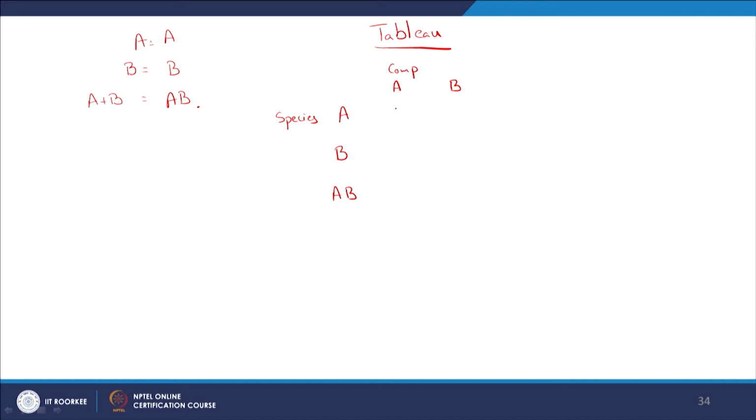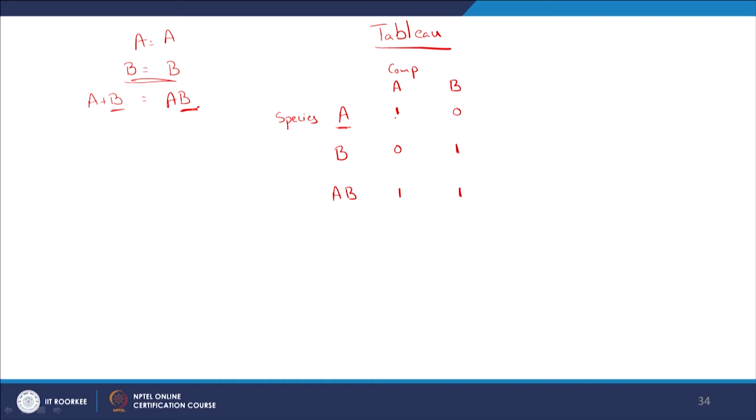So I need one component of A to be able to form the species A, and 0 here and 1 here. And again B, I need 0 of B to form A, I need 1 of B to form B, and I need 1 of B to be able to form AB here.